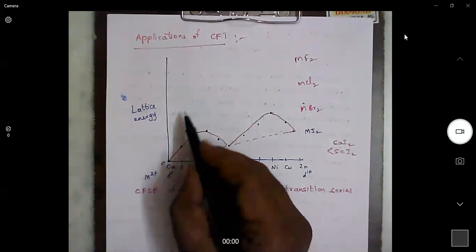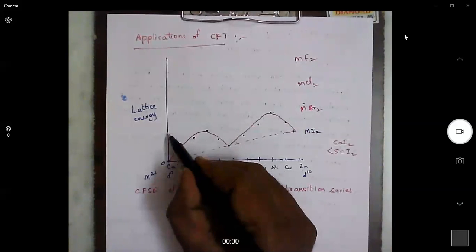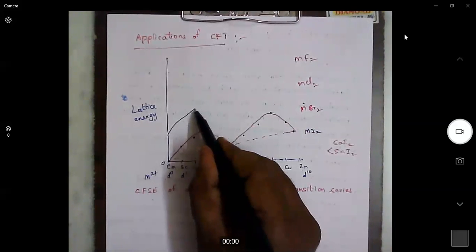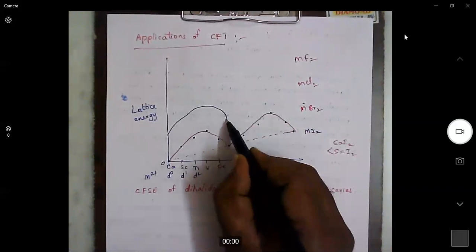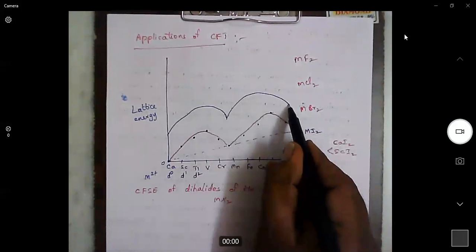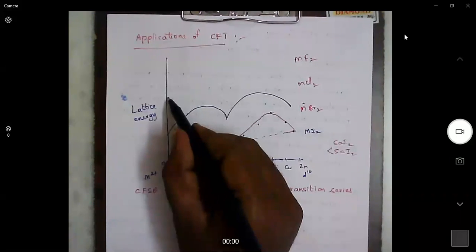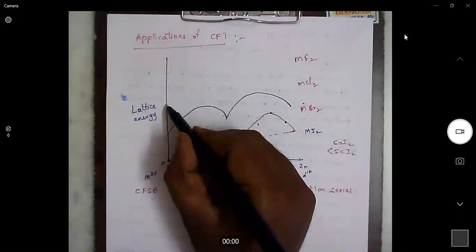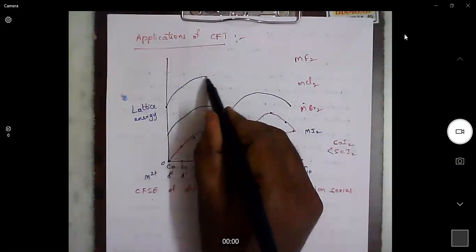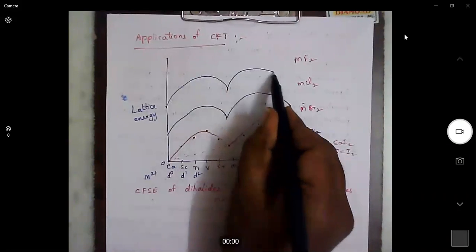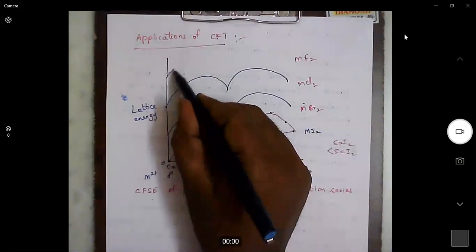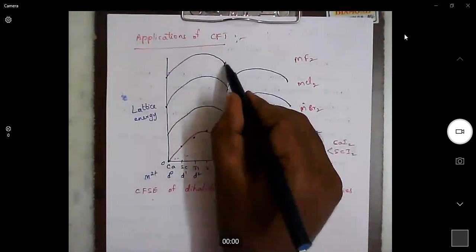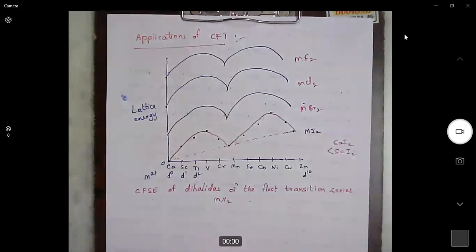Similarly, lattice energy will also increase in the same fashion. This is for bromine. This is for chlorine. This is for fluorine.